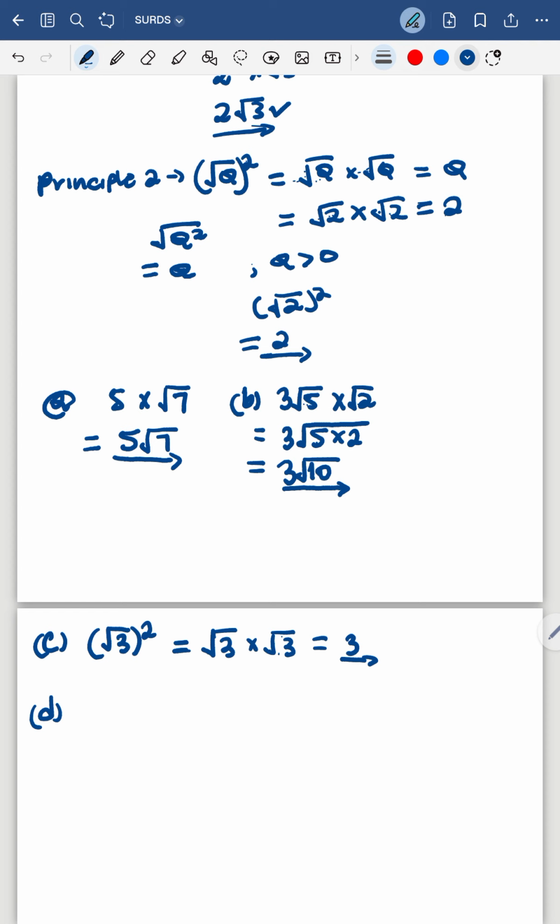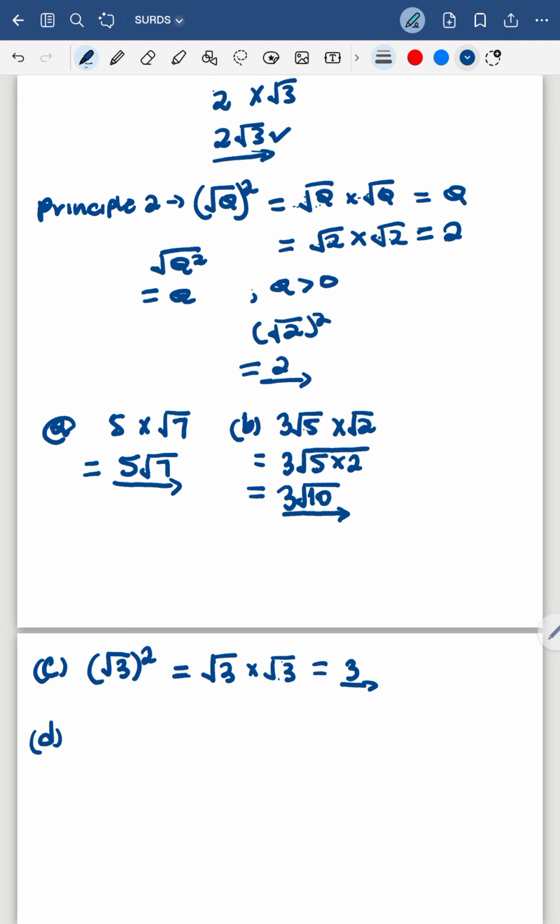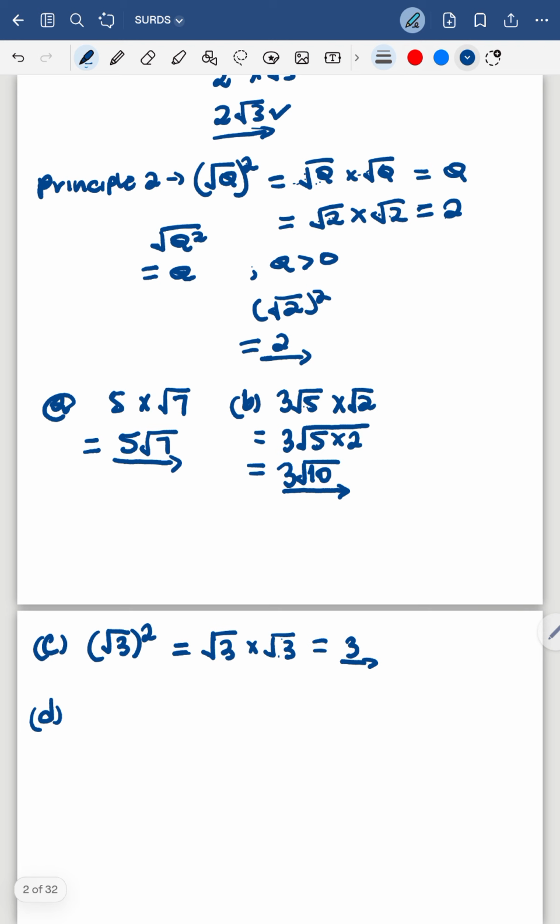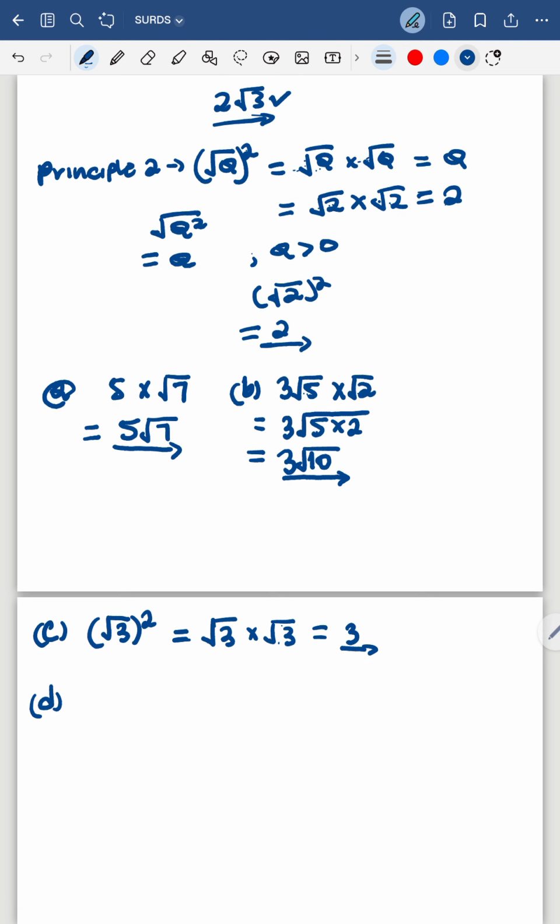Then now let's come to this one. This is principle 2 here. Okay, we use principle 2. So again, let's have this one, 5 root 2, then all squared. What is this one now? It means now you're gonna have 5 root 2 multiplied by 5 root 2.